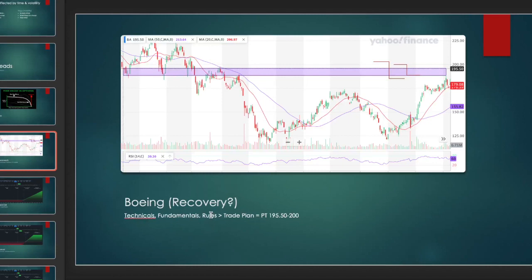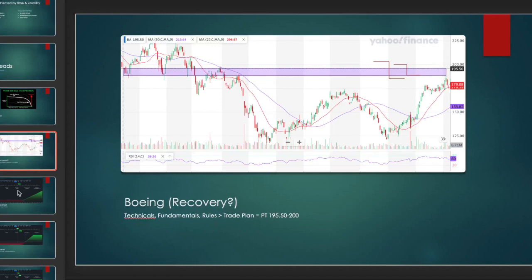And we make sure to remind ourselves of some of those trading rules that we have, and we come up with a trade plan. Let's say that our price target is somewhere between 125 and 200, in this general area right here.